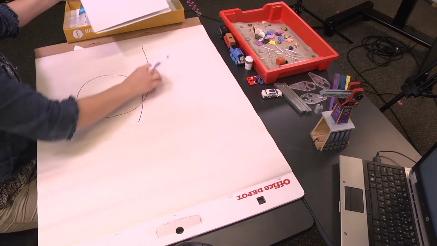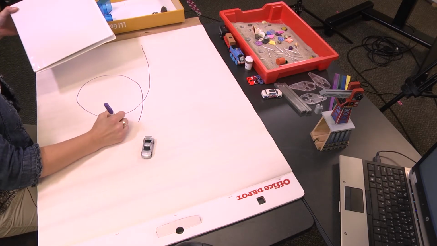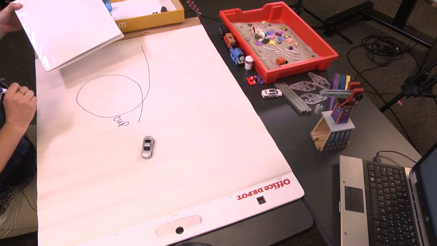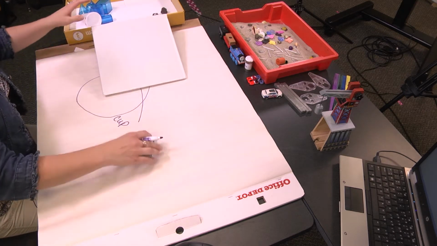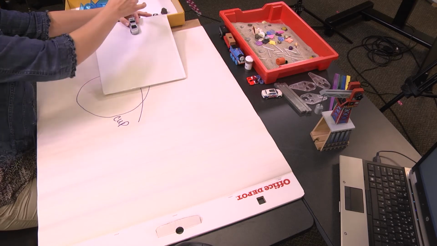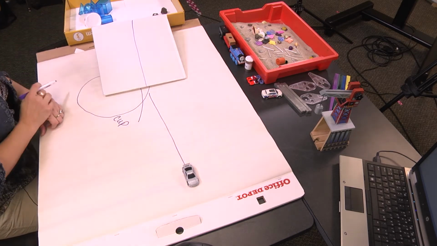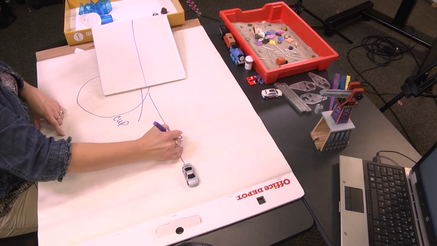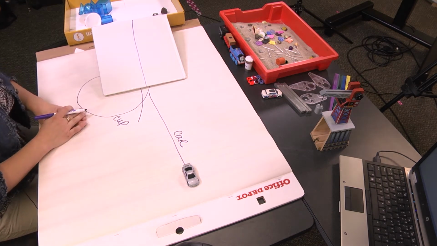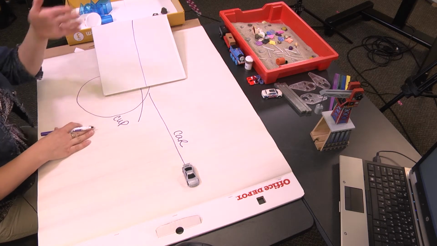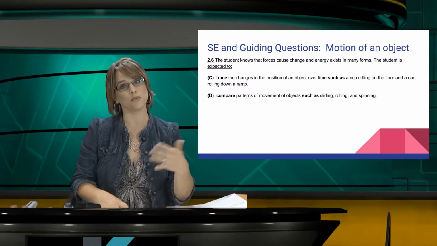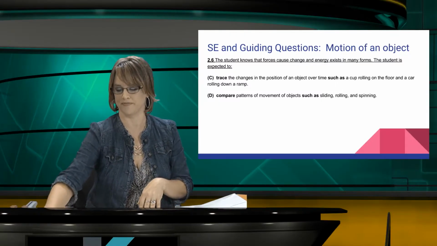Then we will do the exact same thing, and of course in our labeling we will say cup, and then we'll do the same thing with a car down a ramp, taking a marker, following the car all the way down, and then we will mark that car. Now the students are set up to make a comparison statement about how the cup's motion differed or was similar to the car's motion.